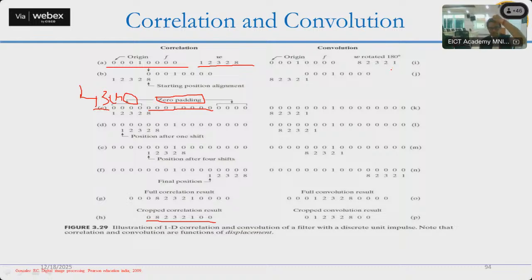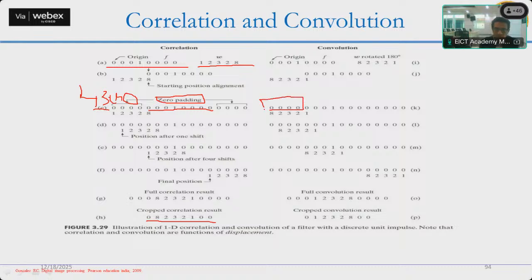So we just have to do the flipping and thereafter the multiplication. You need padding also. We are doing the zero padding here.